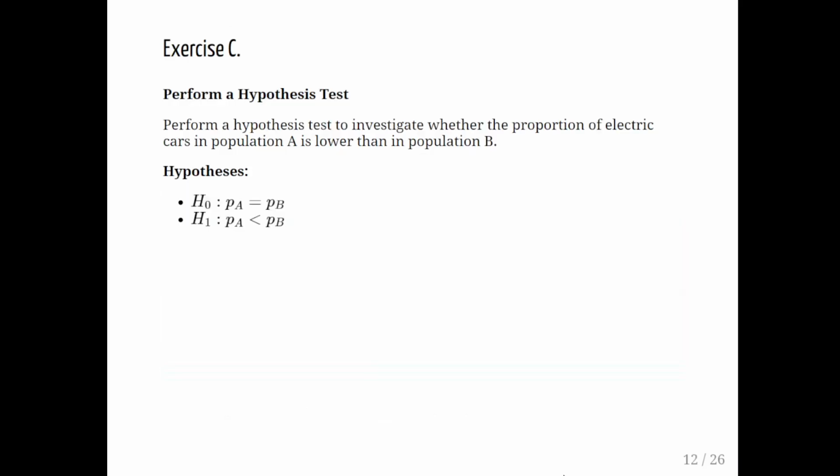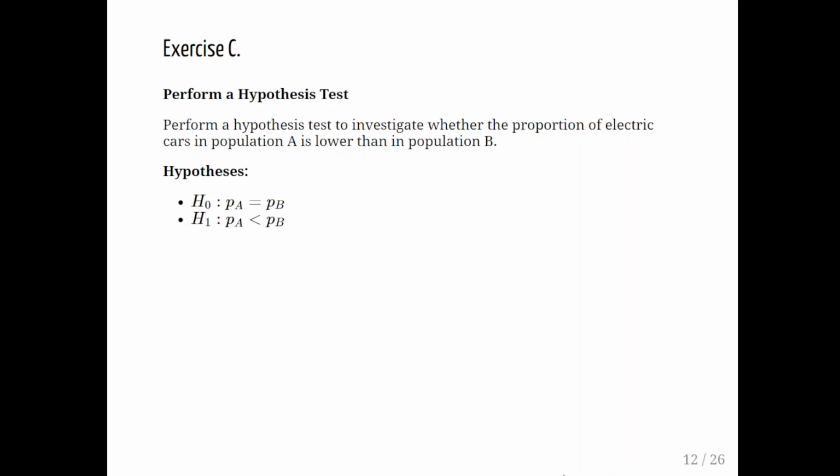And finally, what we're going to do now is calculate all the necessary values so we can perform a hypothesis test. Here we are testing whether the proportion of electric cars in population A is lower than in population B. So you state the hypotheses as always.